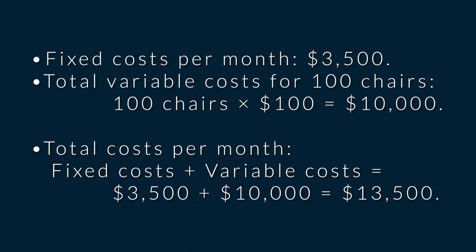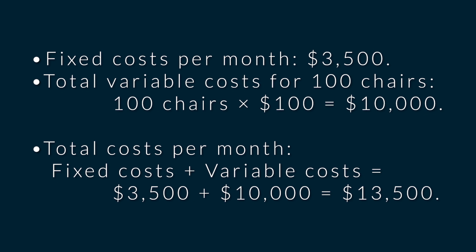The total fixed cost is 3,500. The variable cost is 100 chairs times 100, which gives us 10,000, making the total cost per month 3,500 plus 10,000, which is 13,500.